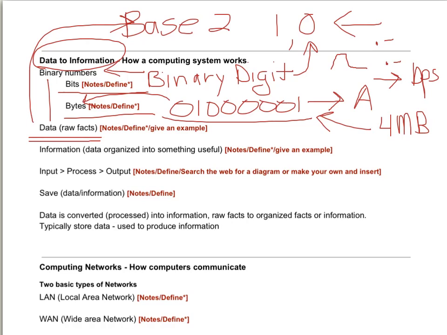The 1s and 0s that represent something, like the letter A, or 1s and 0s that represent a number, like a birth date, typically represented as a number. We take data and we process it, or we do something to it, and we create information. Information is data organized into something useful. And we're going to give some more examples as I move along.